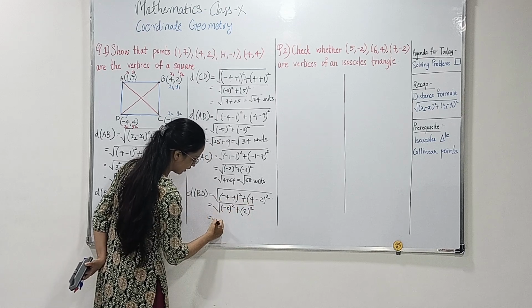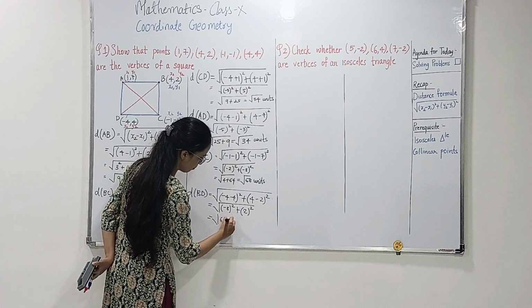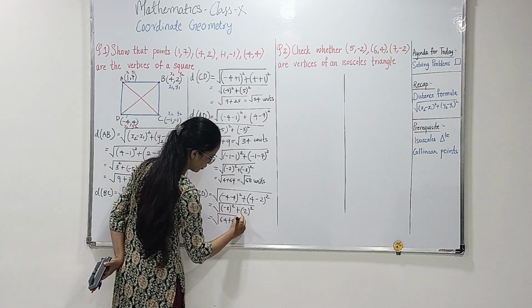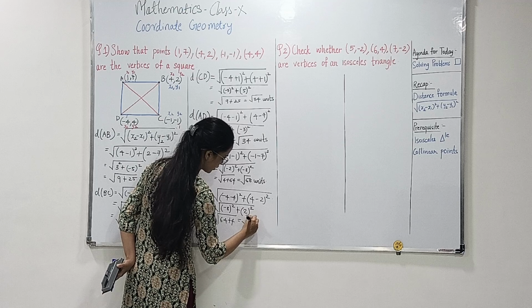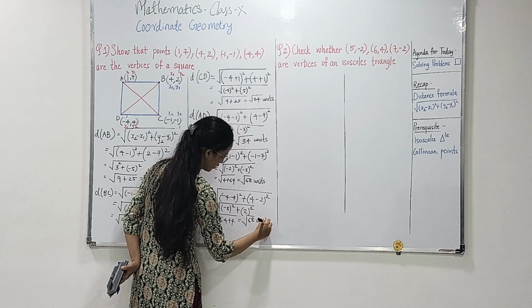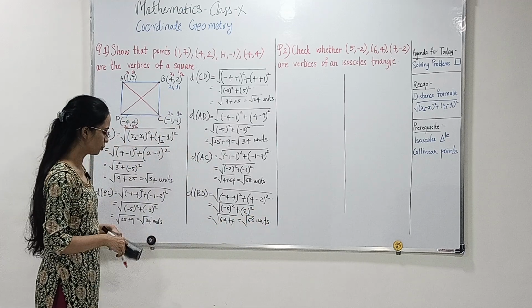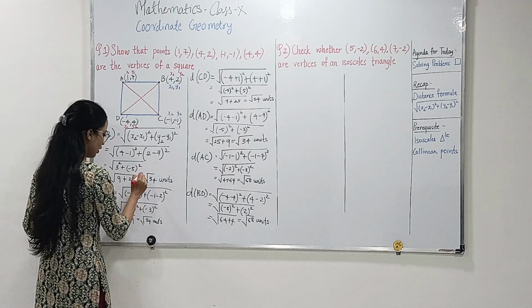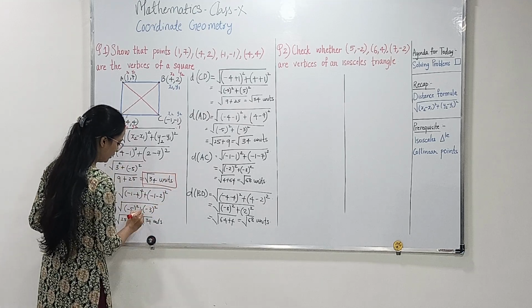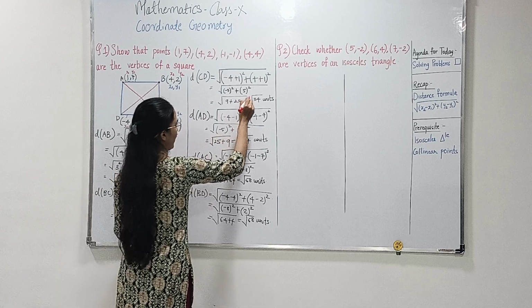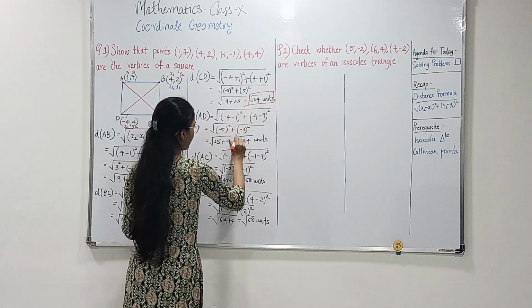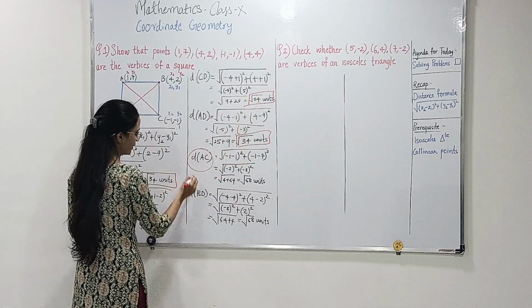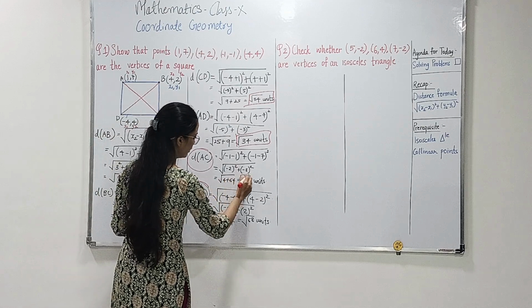So that is again 64 plus 4, so that is under root of 68 units. So now students, if you see, I got all the 4 sides to be of the same length, and the 2 diagonals calculation is also the same.